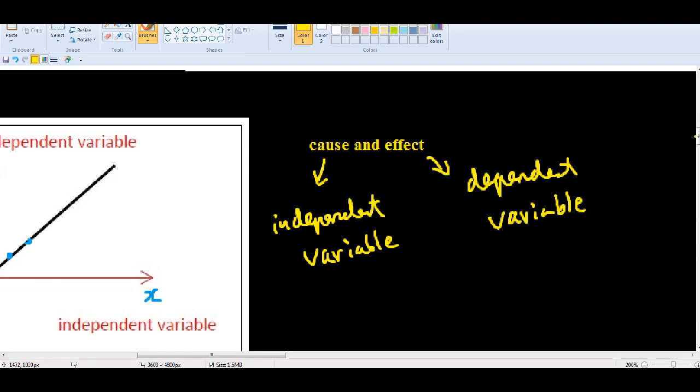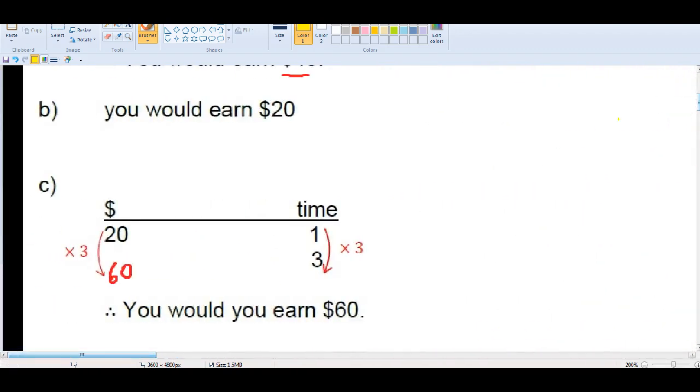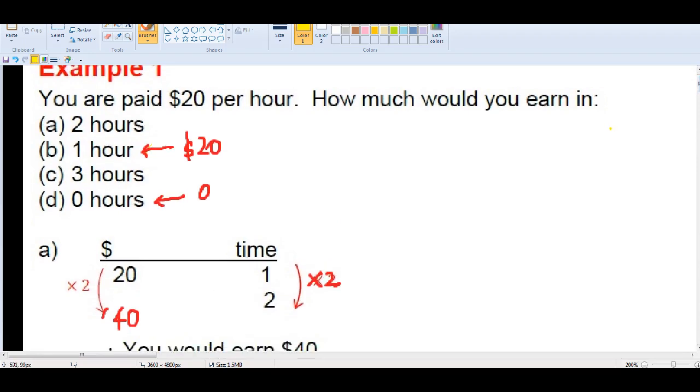So when we say, for example, in our first demonstration about earnings in terms of time, you could say because you've worked for 1 hour, you got pay of $20. Because you've worked for 1 hour, that's the cause, because you say because, right? The cause is 1 hour of work, the effect is you got paid $20.